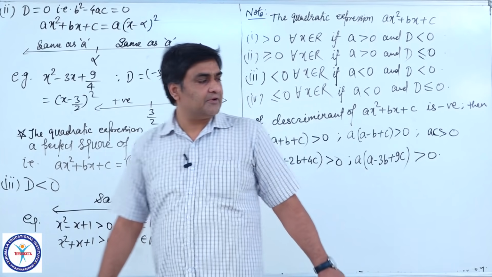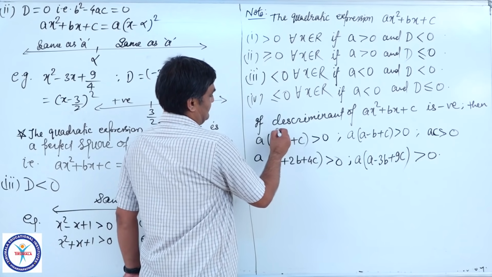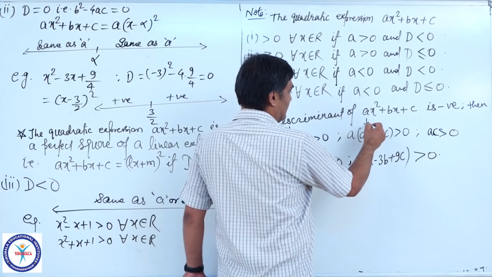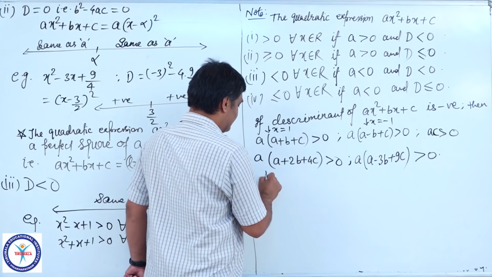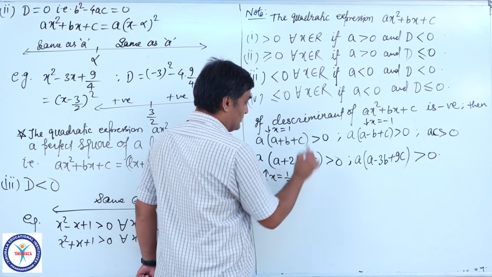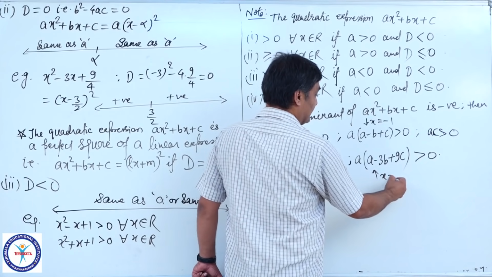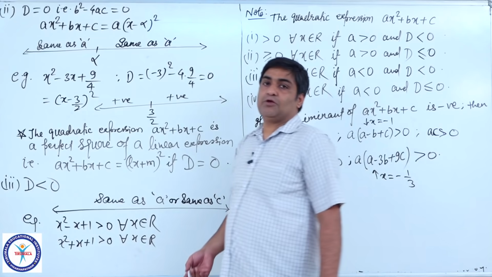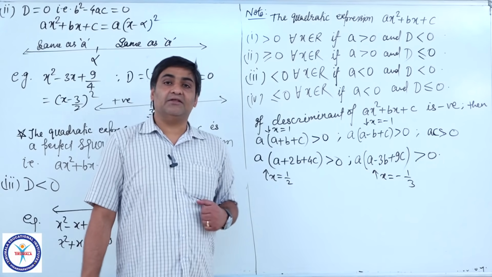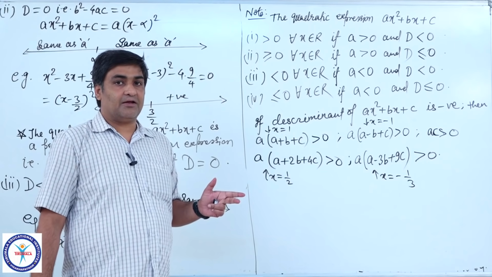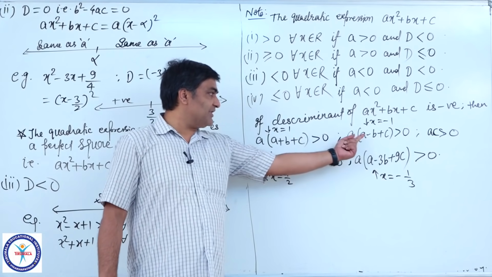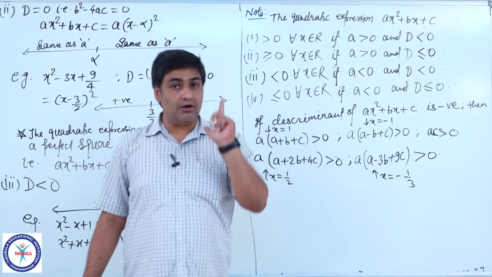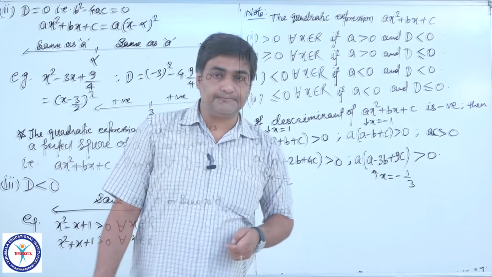We can say this by putting x equal to 1, this by putting x equal to minus 1, this came by putting x equal to 1 by 2, and this came by putting x equal to minus 1 by 3. So whenever you come across a question like this, try to find whether this expression is obtained by putting a particular value of x or not.